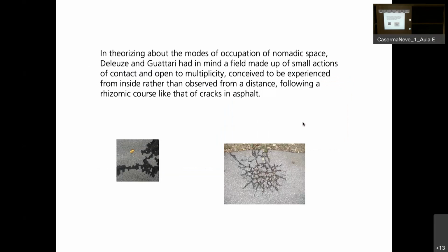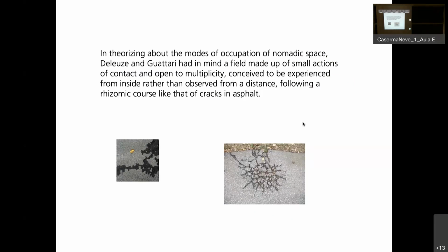So again, I recall Deleuze and Guattari in Mille Plateaux, where they theorized about the modes of occupation of nomadic space, and they had in mind a field made up of small actions of contact and open to multiplicity, conceived to be experienced from inside rather than observed from a distance, following a reasoning course like that of cracks in asphalt.